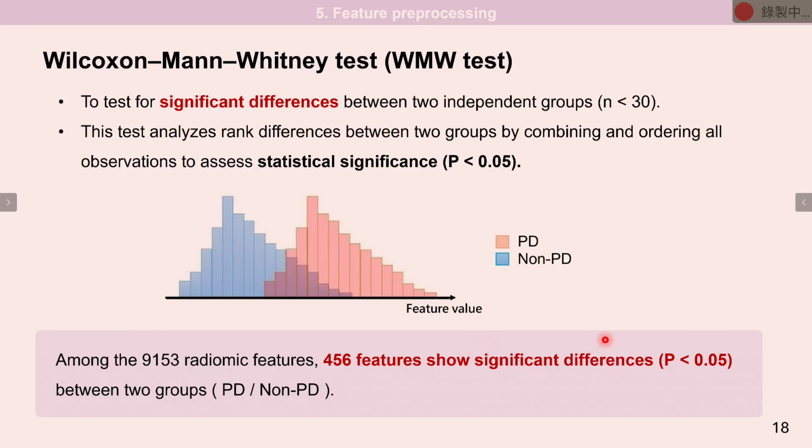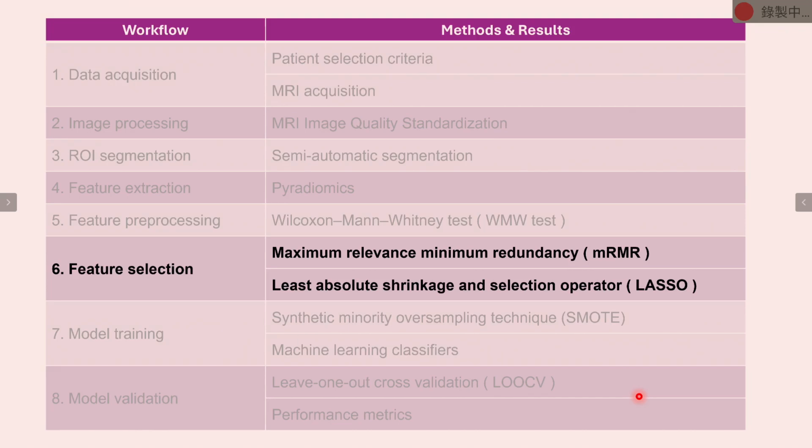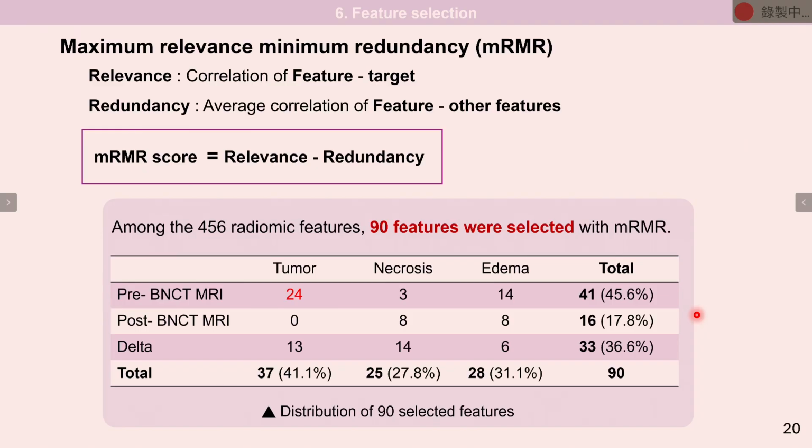And the next step is feature selection. This study used two selection methods to do this part, including mRMR and LASSO. Literally, mRMR is maximum relevance, minimum redundancy. This method selects features with maximum relevance and minimal redundancy with the prediction target. Relevance means the correlation between feature and prediction target, and redundancy means the average correlation of the feature and other features.